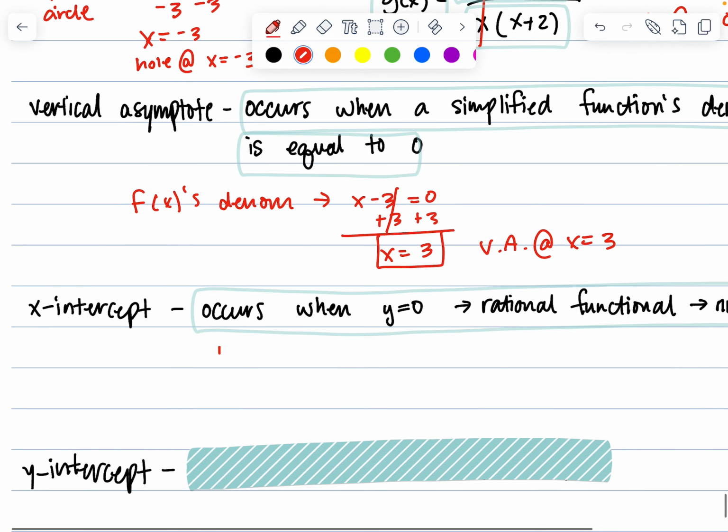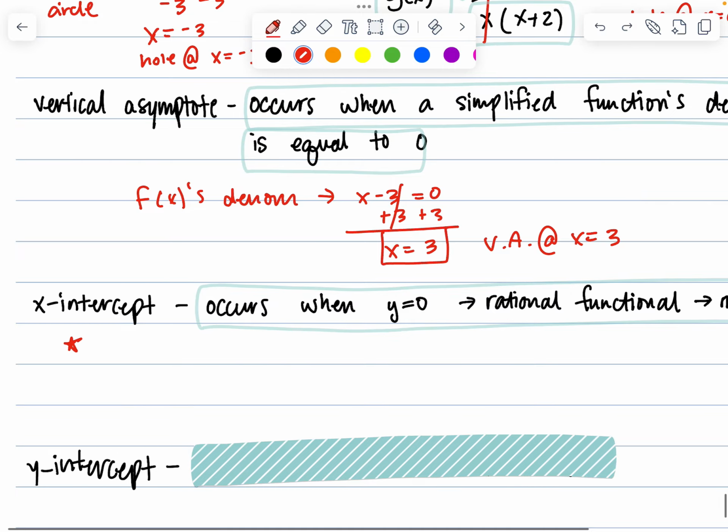For instance, 1 over 2 could never be equal to 0. 1 over 100 is close to 0, but it's not 0. 1 over a million, 1 over a trillion, it doesn't matter, because 1 over something is a non-zero value. Even with 1 over x, x could be pretty much any number besides 0, but it would still be a non-zero value. So if you have a constant in your numerator, then there's no x-intercept.